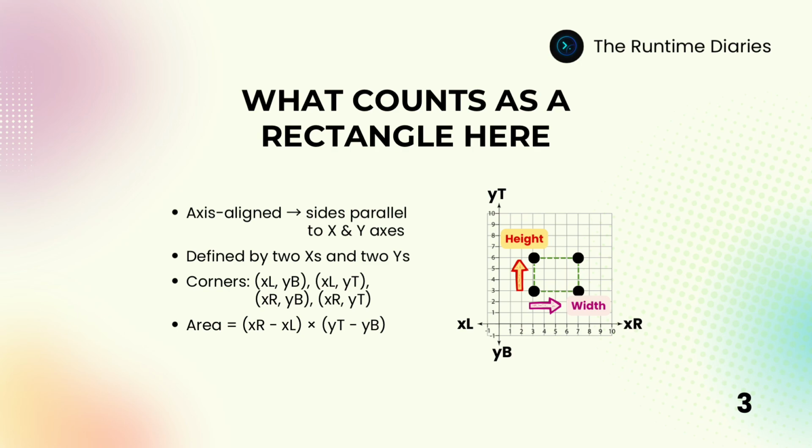Then the corners are automatically at these four coordinate pairs: x left, y bottom, then x left, y top, then x right, y bottom, and finally x right, y top. The area is just width times height. That's x right minus x left times y top minus y bottom. We'll be using that formula later to track the biggest valid rectangle.